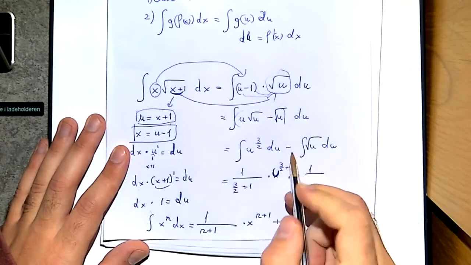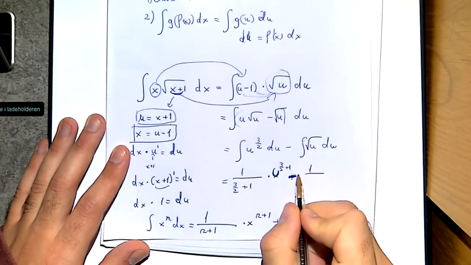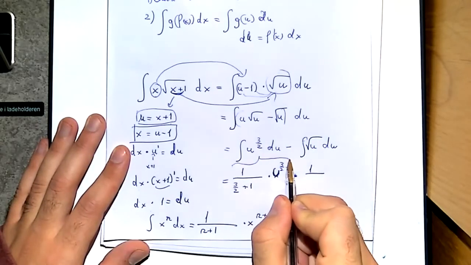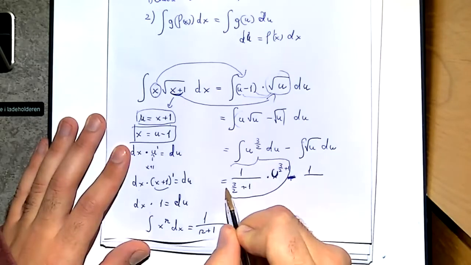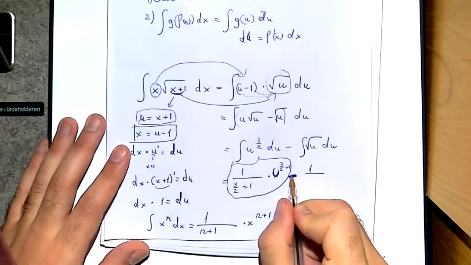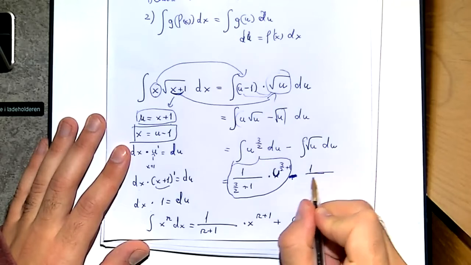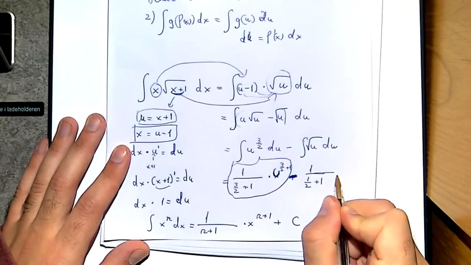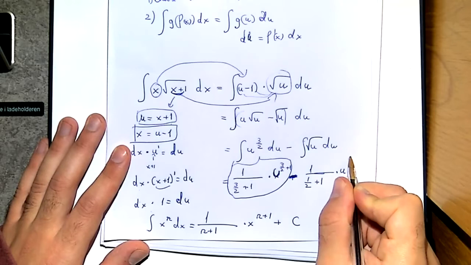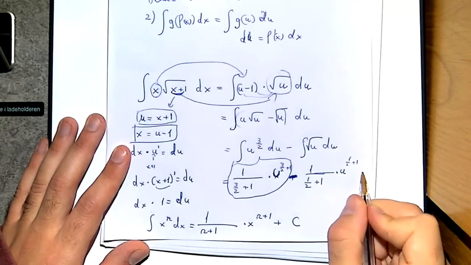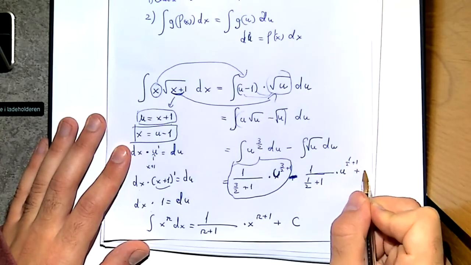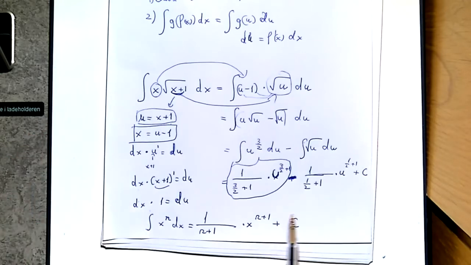Minus 1, again, now I'm computing the other integral. So this integral, this is a minus 1 over 1/2 plus 1, multiplied by u^(1/2+1), plus a constant in the end. I didn't copy the constant for each of them, I just put it at the end, doesn't matter. Okay, so this is the result.